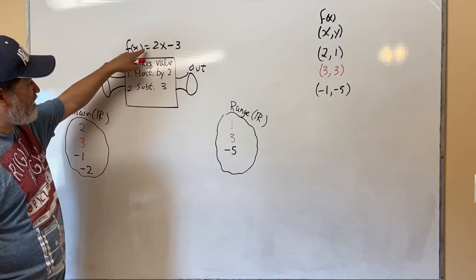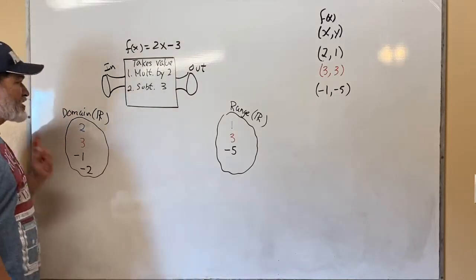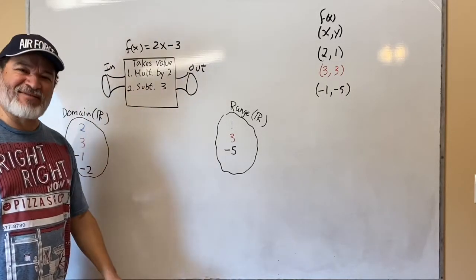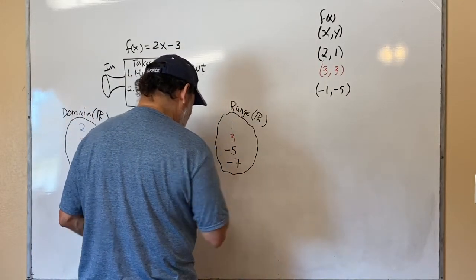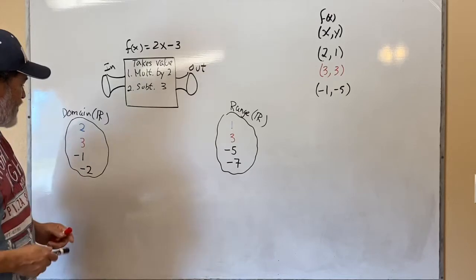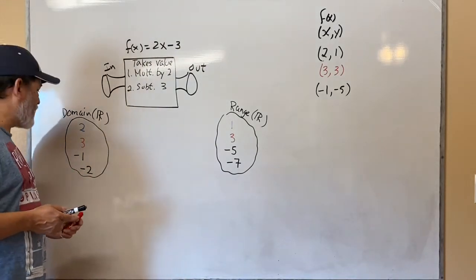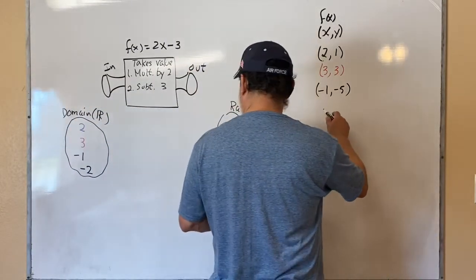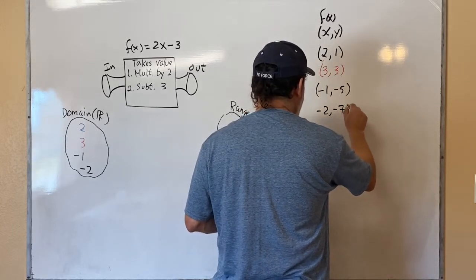That's what this function does. So what's negative 2 times 2? Negative 4, subtract 3, negative 7. And so what ordered pair did we get? When we send in negative 2, we got the ordered pair (negative 2, negative 7).